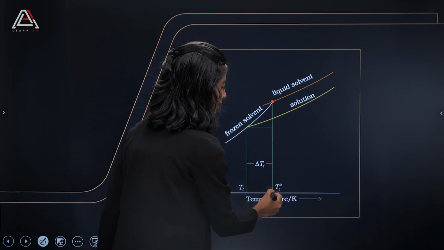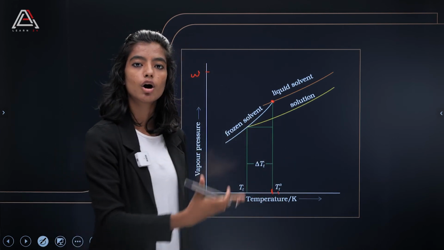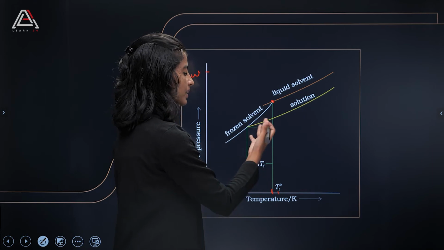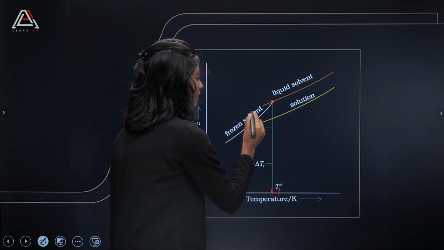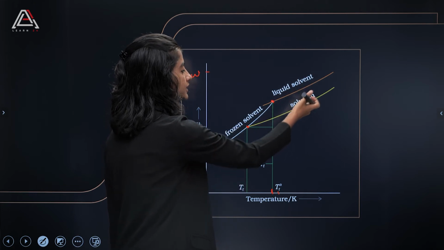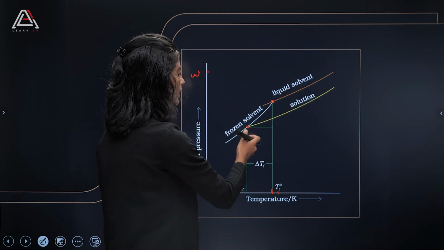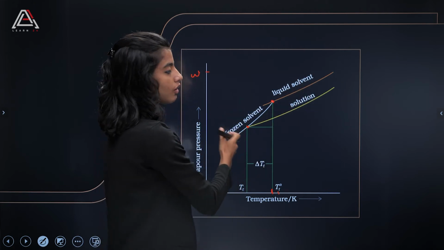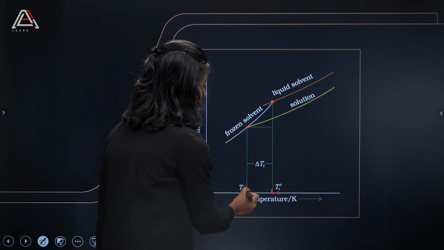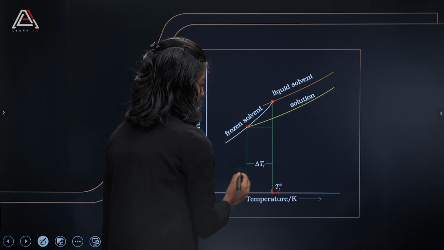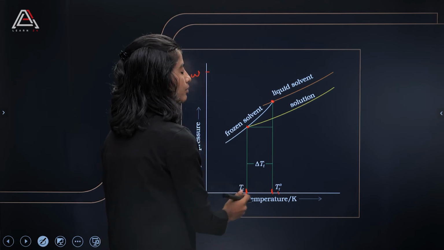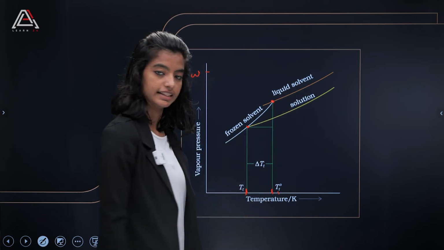This is the freezing point of pure solvent, TF0. Now, this is the point where the vapor pressure of solution becomes equal to the vapor pressure of this frozen solvent. This is the freezing point of solution, TF.